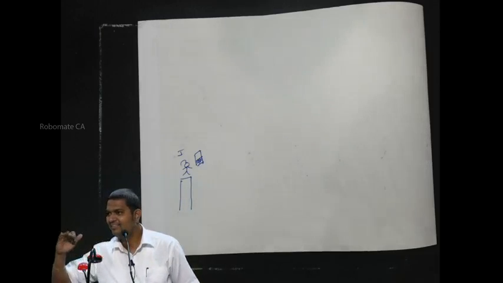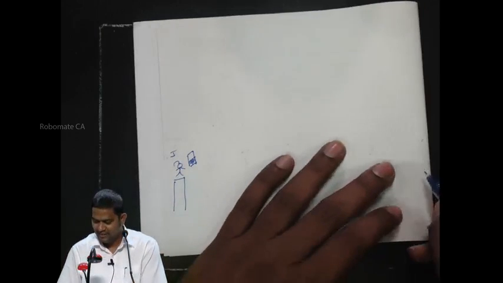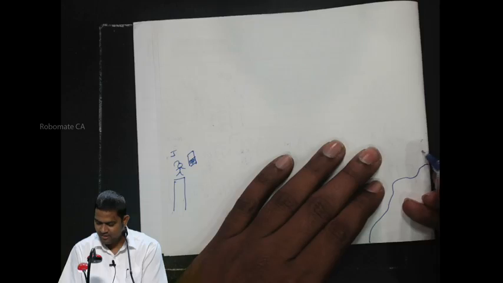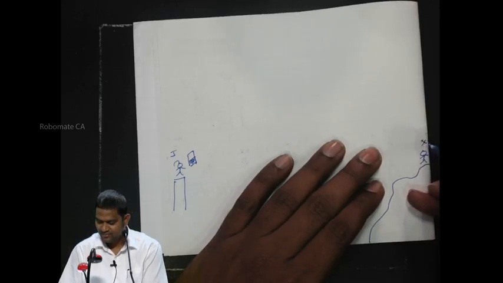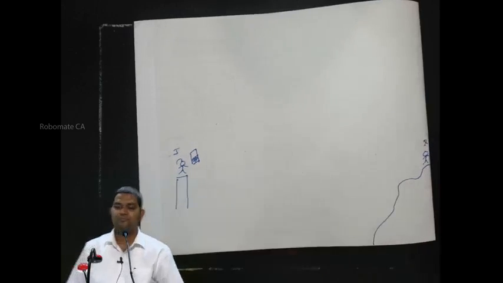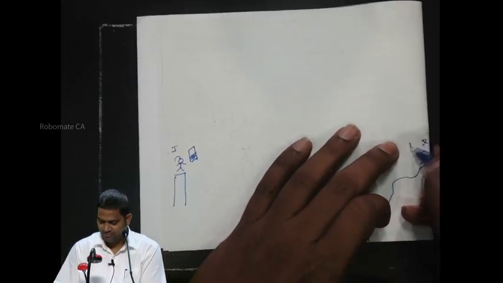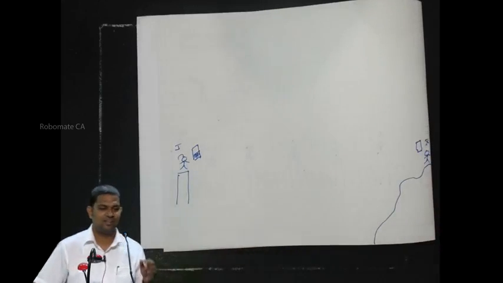This is only one part. The other part, on a mountain, Mr. X is annoyed and he is on a mountain. Obviously, he is also having a cell phone. This is a smartphone. This is a normal phone.